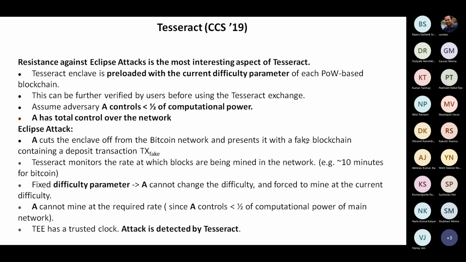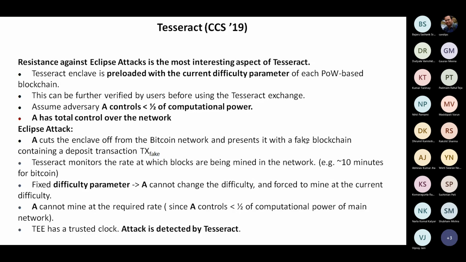Consider that the full network operates at 100% of computing power, the aggregated computing power of all the different mining nodes. Based on the current difficulty level, which if you remember is adjusted every 2 weeks or so, it is supposed to take about 10 minutes on average to mine a block.